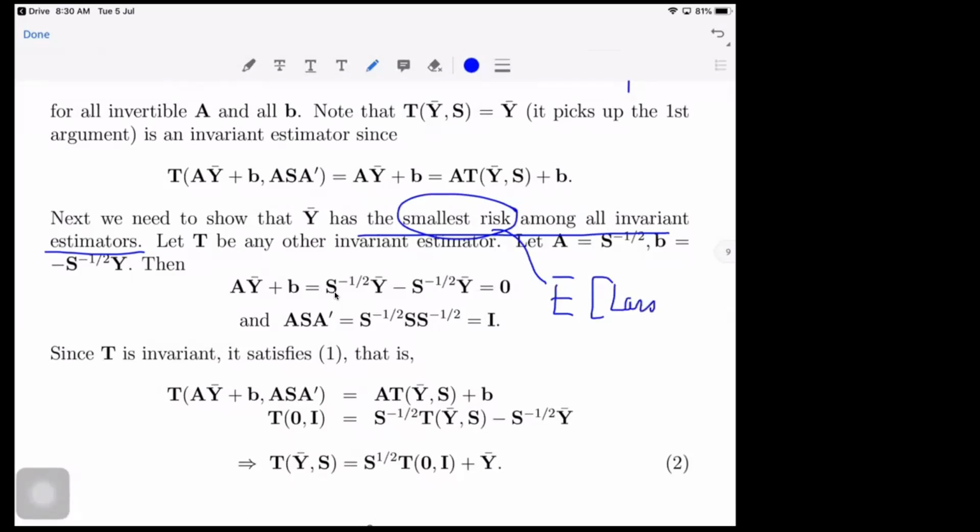So when we discuss invariance, we don't look at the minimum variance, but we look at the minimum risk. Minimum risk is also referred to as the expectation of your loss function. Are you with me?